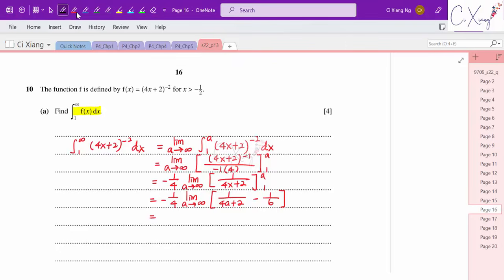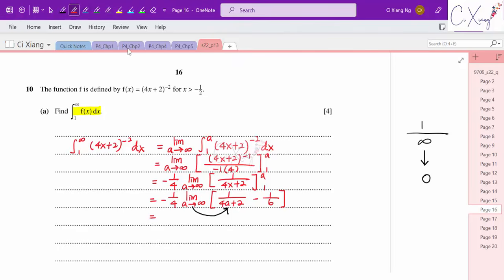Now we are trying to substitute A to infinity inside our fraction. If you have a look at 4 times infinity plus 2, it will still be a very large number, which is still an infinity. So we are having 1 over infinity, where infinity is a super large number. When a value is divided by a super large number, this value gets very, very small, and we assume that it is very, very close to 0.